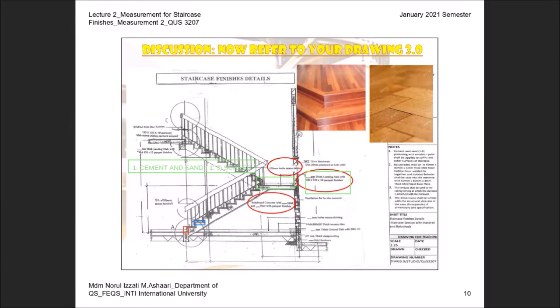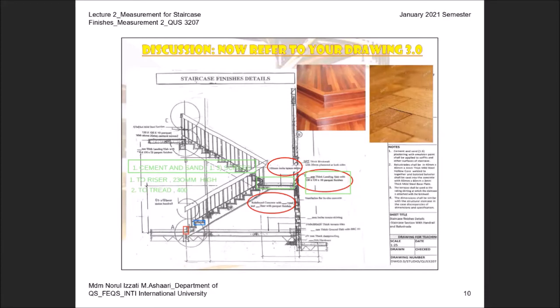Then please ensure that you refer back to S.5.2. For the riser, you have to write down the height, 200 mm high. Then number 2, you can write down the tread, and then write down the size. Okay, but for number 3, we don't have any sizes. Landing slab, full stop.